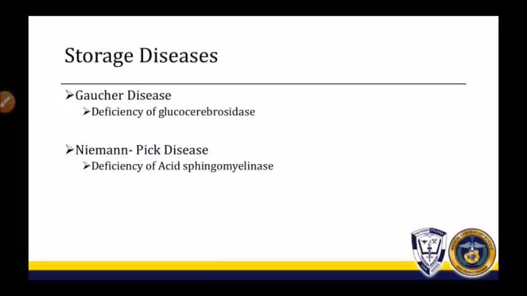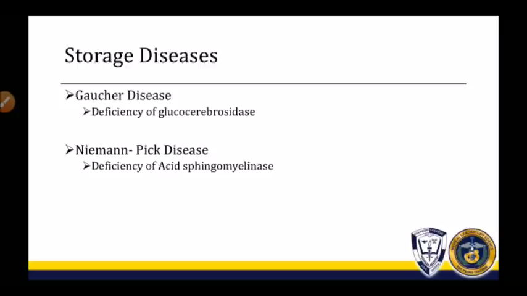An example is Gaucher disease. The enzyme that is lacking is glucocerebrosidase. Glucocerebrosidase breaks down glucocerebroside. Now if glucocerebrosidase is absent, the levels of glucocerebroside increase and it has a higher tendency to accumulate in various organs. One of the organs commonly accumulating glucocerebroside or other substances is the liver.